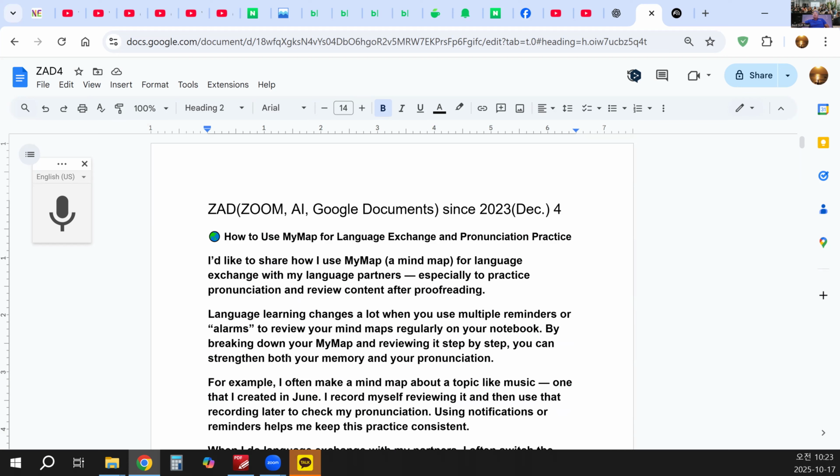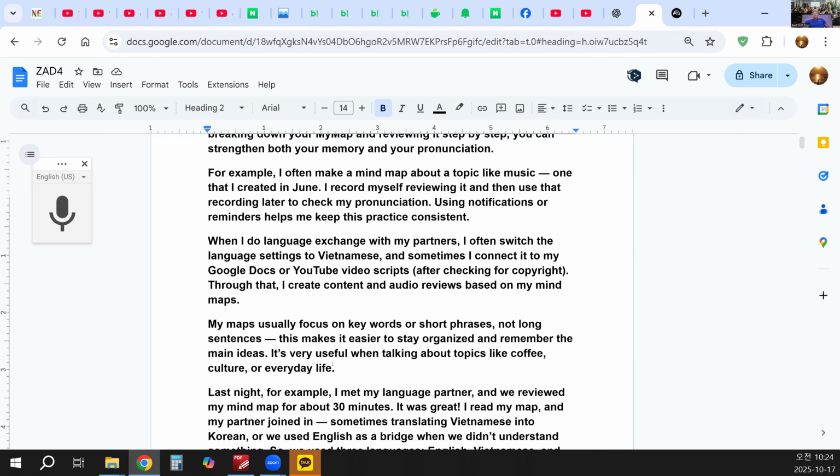By breaking down your mind map and reviewing it step by step, you can strengthen both your memory and pronunciation. For example, I often make a mind map about a topic like music, and that I create in June. I record myself reviewing and then use the recording later to check my pronunciation, using notifications or reminders, helping me keep this practice consistent.